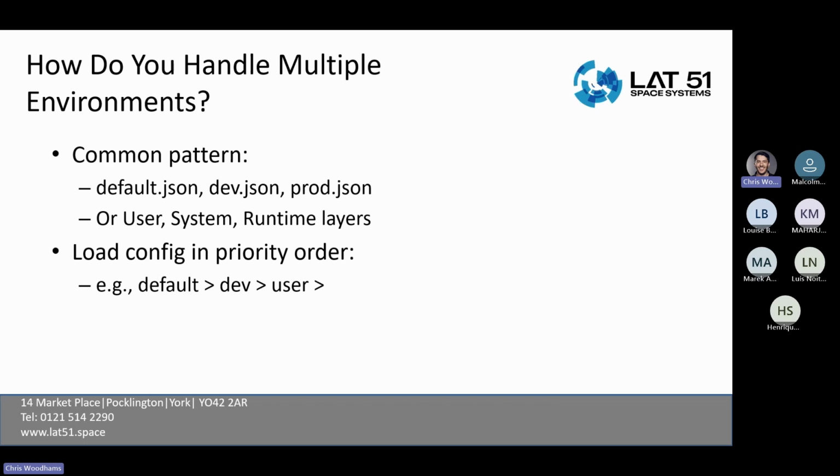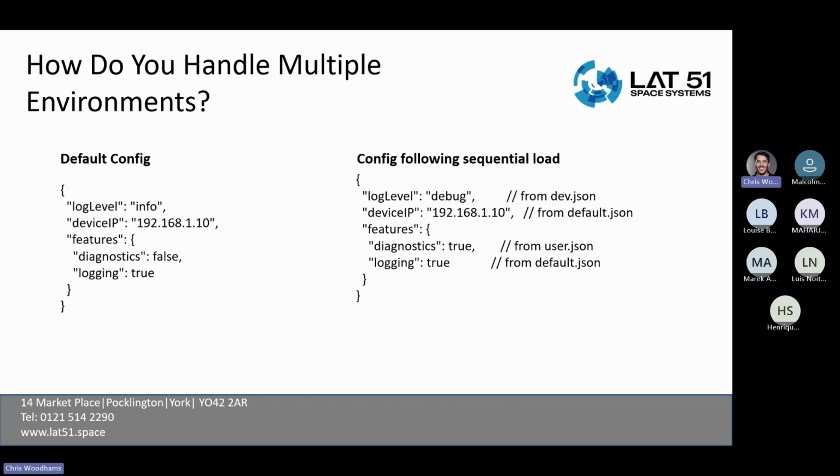Then depending on what you're doing, you would set this up by reading particular files. In this example, we've got default, dev, user. So it would load the default file, and then the dev layer might override some parameters relevant to your dev environment. And then the next layer would override some parameters for the user.